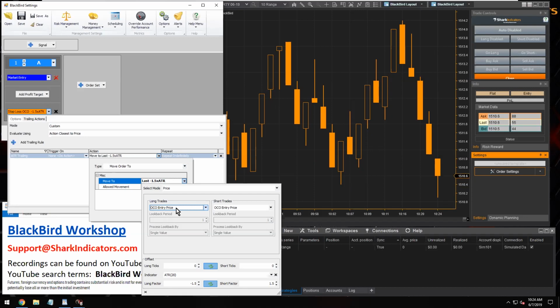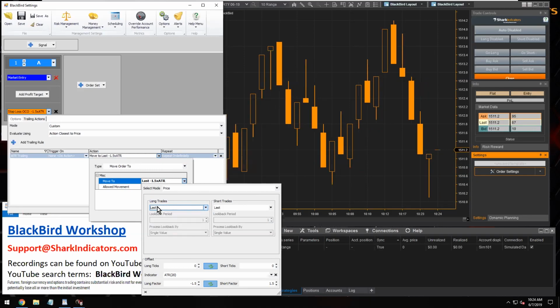If you scale in, then your entry price will move as you cost average into a position. But the way trailing stop losses work is you're always taking the last price. And if you're in a long position, then you're always taking the highest last price that was printed.